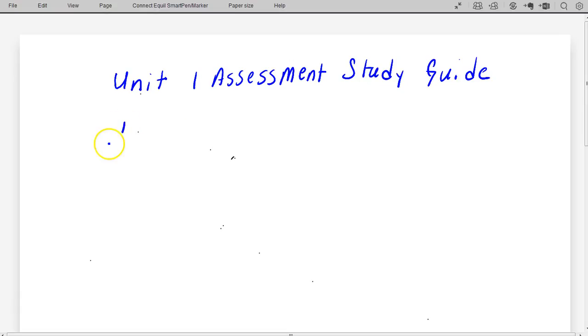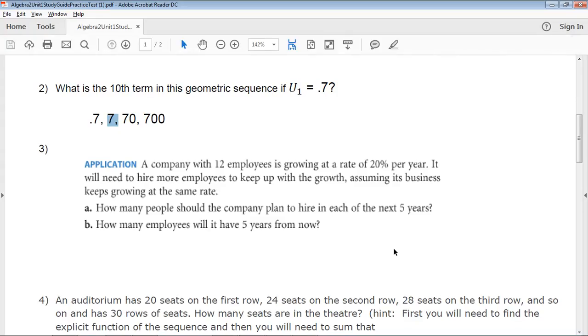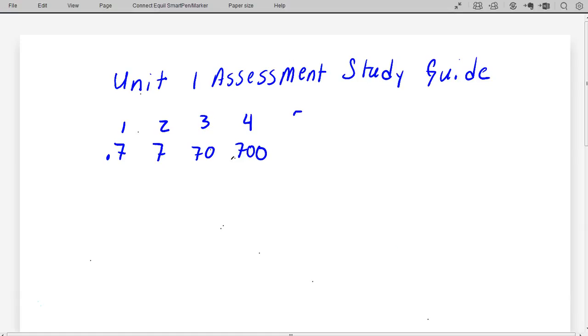But the first one was 0.7. The second one was 7, 70, 700. 1, 2, 3, 4, 5, 6, 7, 8, 9, 10.